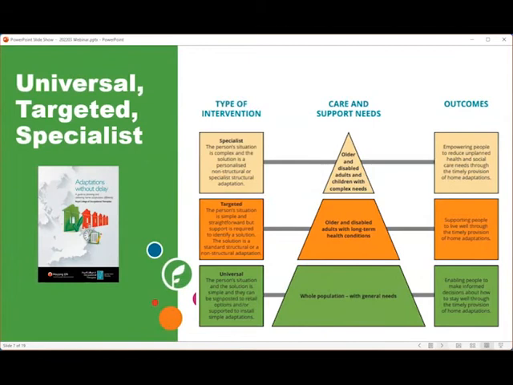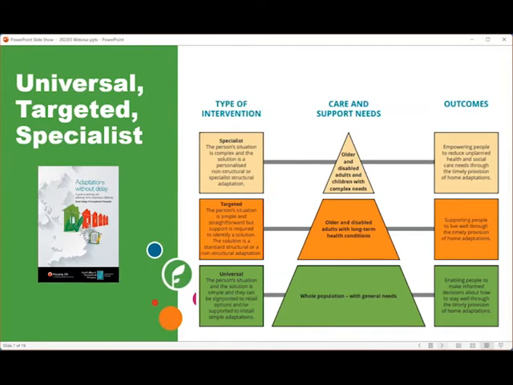As I say, we've used the Adaptations Without Delay framework to help us think about what types of cases don't need an occupational therapist, what kind of cases could perhaps be dealt with through an OT assistant or a trusted assessor, and what are those real crucial cases where it really does help to have an occupational therapist provide guidance around what adaptations are necessary and appropriate.